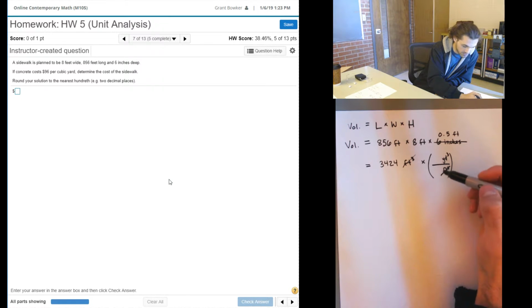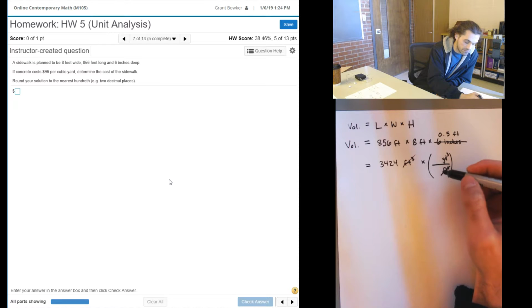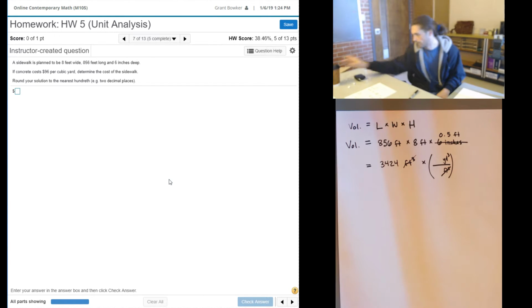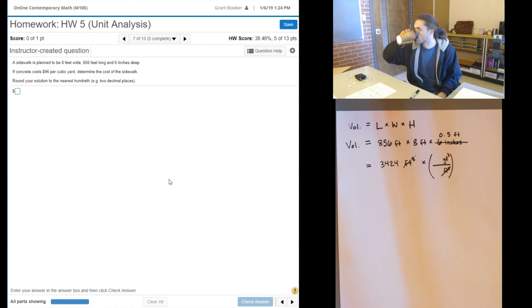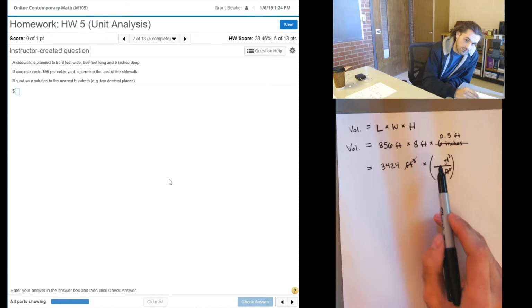This begs the question, what's the relationship between cubic feet and cubic yards? For every 1 yard we have 3 feet.